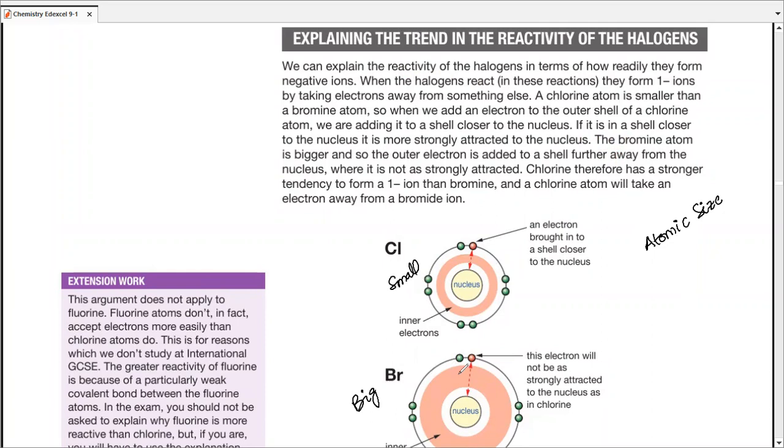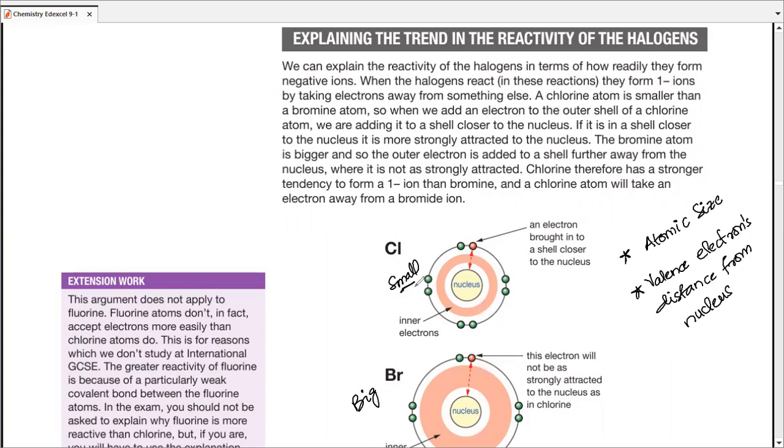And of course, the second point is very much related: the valence electron distance from nucleus. Because the nucleus is the source of attraction for all the electrons, the distance between the valence shell electron and the nucleus is a very important factor to be considered. These are the two factors that they have considered over here.